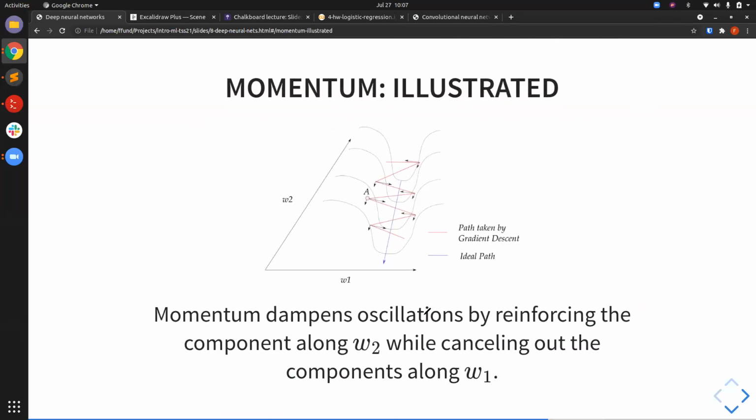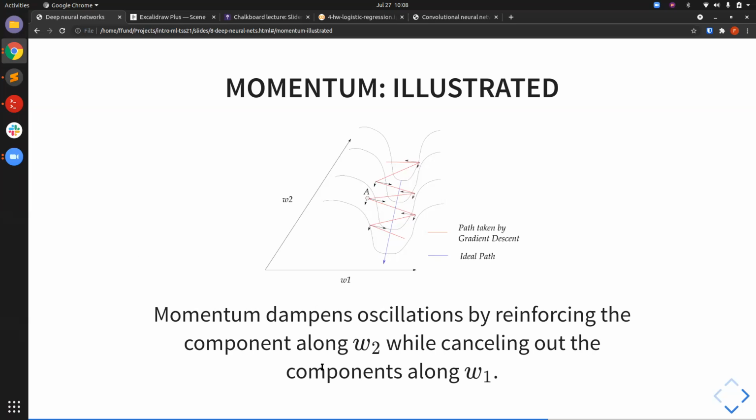So with momentum, you would recognize like, okay, I keep moving faster and faster in this direction, because every time the gradient along W2 is in the same direction. But it's going to dampen those oscillations in the W1 direction because they're in opposite directions, so they'll cancel each other out. So that's what momentum-based optimizers do.